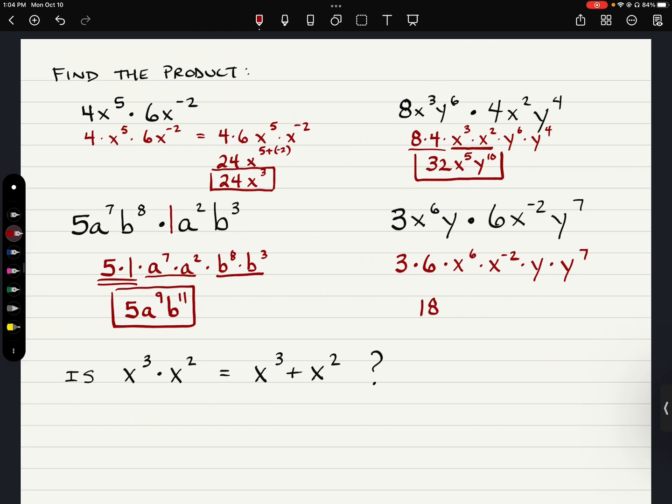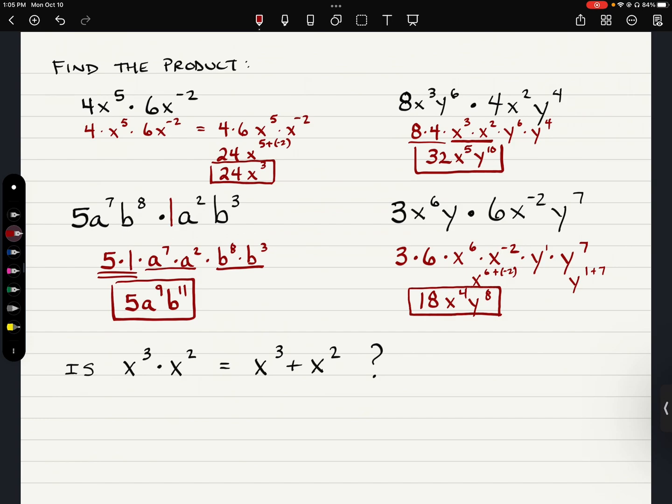X to the sixth times x to the negative second, well, that's like saying x to the 6 plus negative 2, which would be x to the fourth. And then our y times y to the seventh, remember, this is like y to the first power. So this would be like 1 plus 7, which would be y to the eighth. We get 18x to the fourth, y to the eighth power.